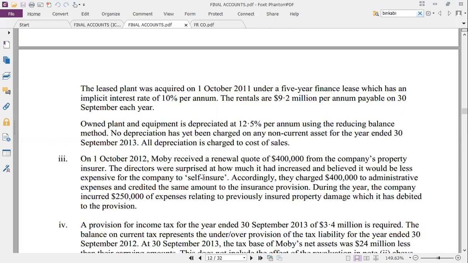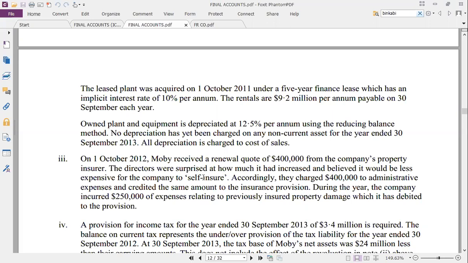Now, what happened is this. They requested some insurance facility, and an insurance company quoted $400,000 for their property.